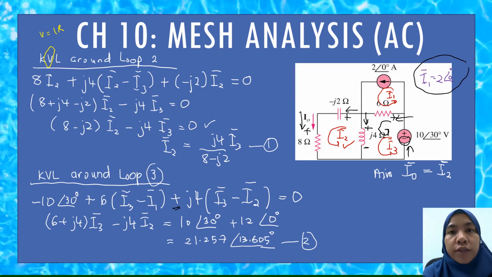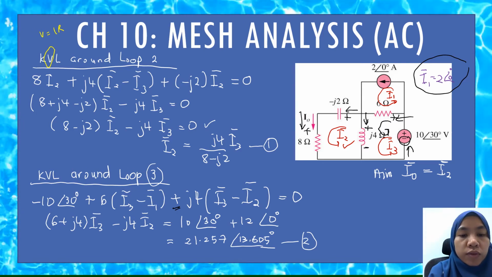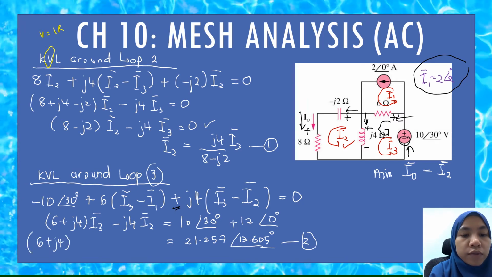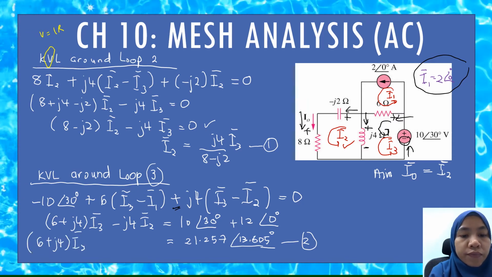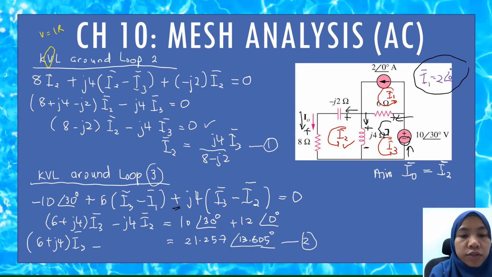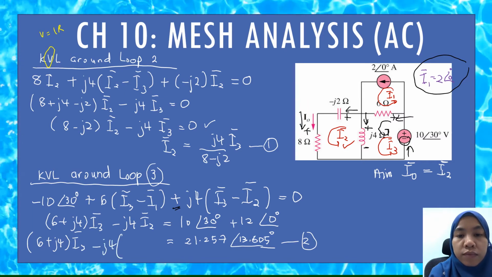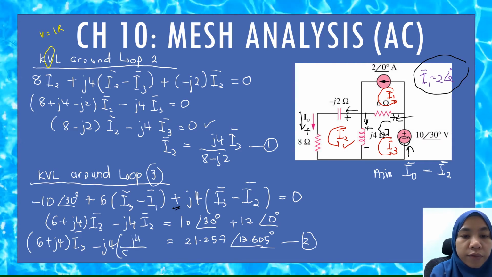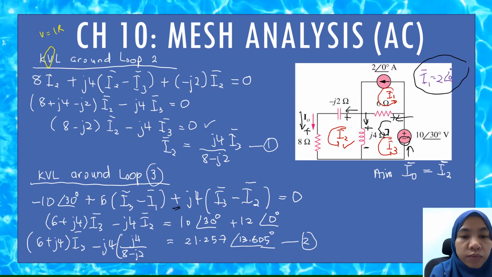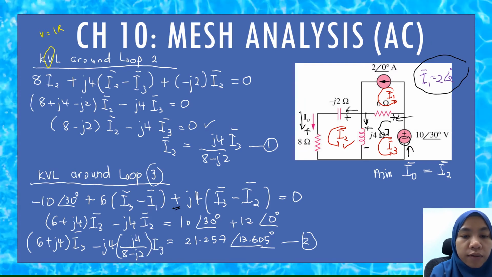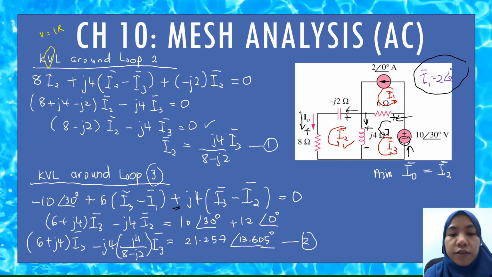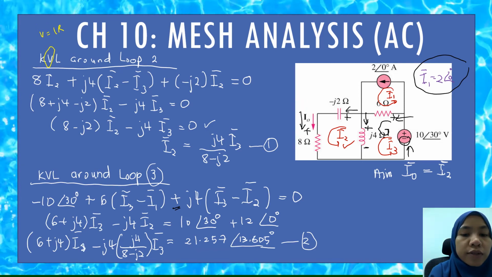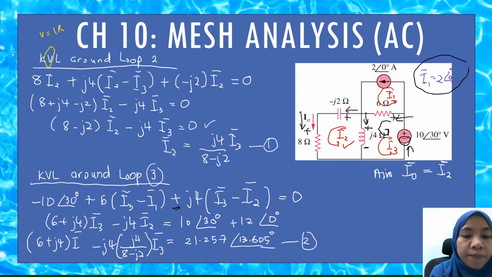Substitute equation number 1 into 2, you will get 6 plus j4 times I3 minus j4 times j4 divided by 8 minus j2 times I3. And then you see here we have only one unknown, which is I3, on both sides.